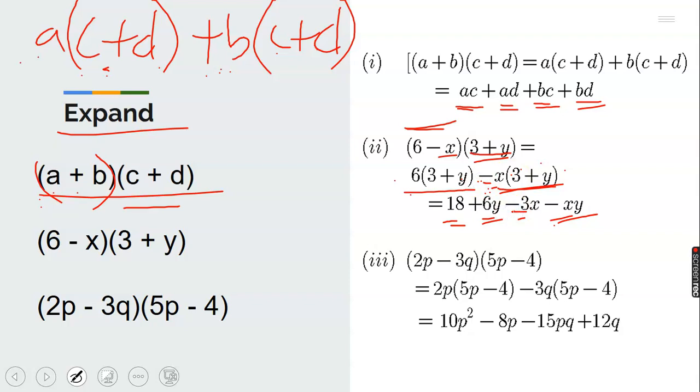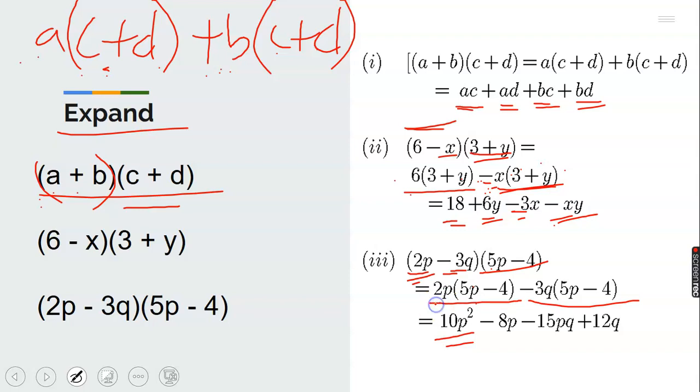The same thing applies here. You can see, take 2p first to multiply this bracket, then minus 3q to multiply the same bracket also. 2p times 5p equals 10p squared, because p times p equals p squared. Remember, I've just explained it earlier.